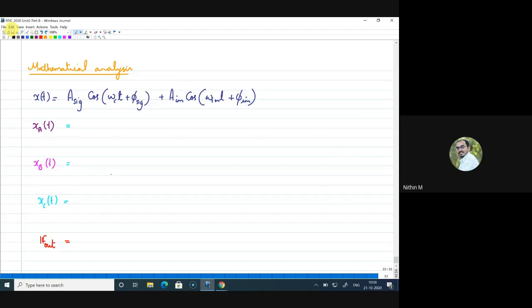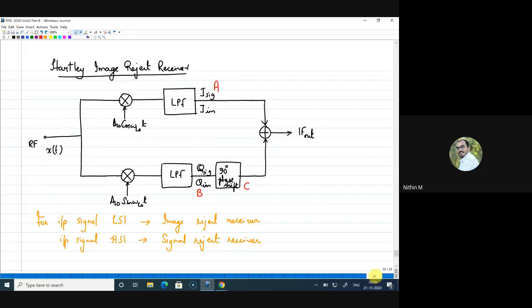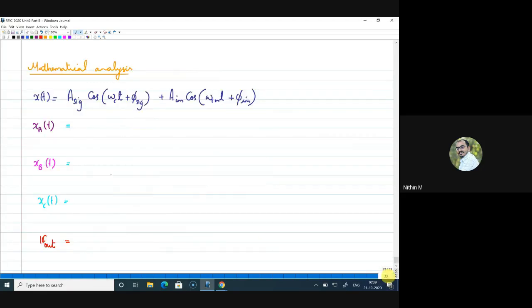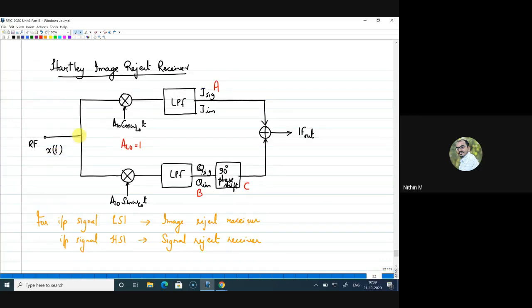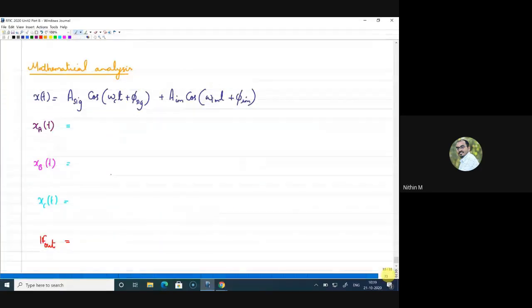All right, so how can I write xa of t? Xa of t is basically x of t multiplied by A LO cos omega LO t. Maybe we will take A LO as 1 here, so that we need not repeat it again and again. So xa of t will be the original input signal x of t multiplied by cos omega LO t.